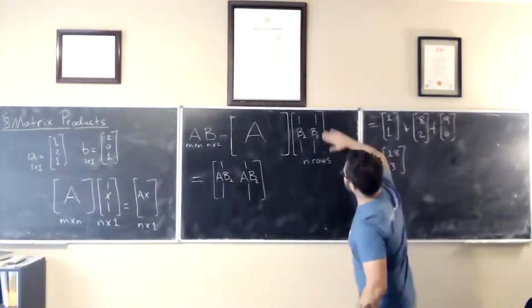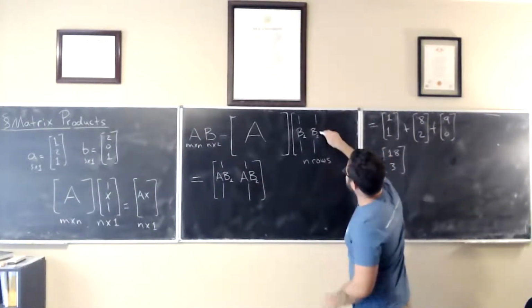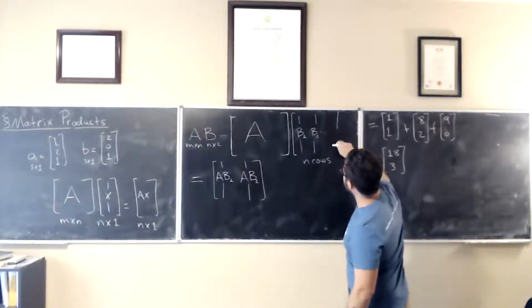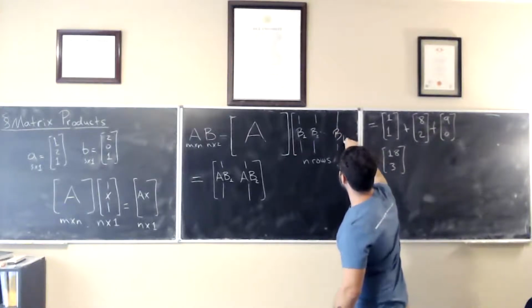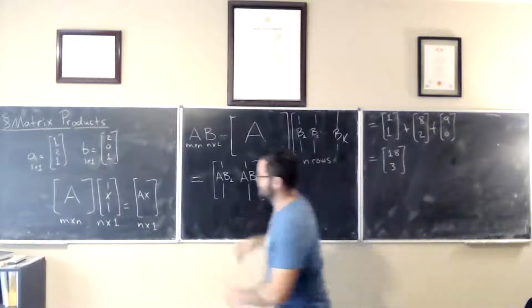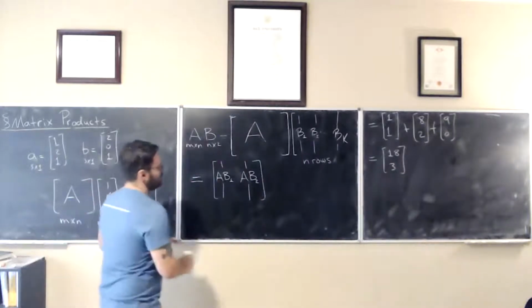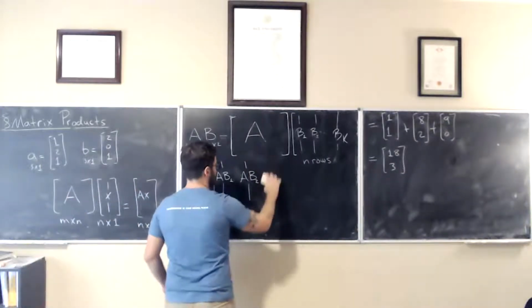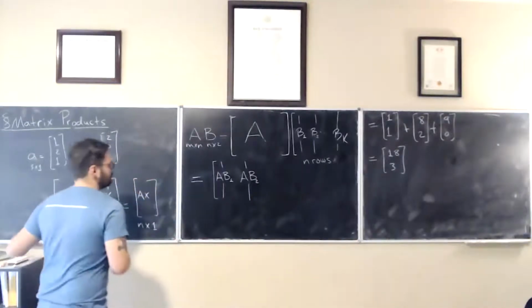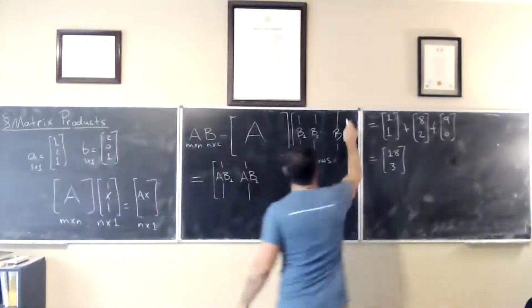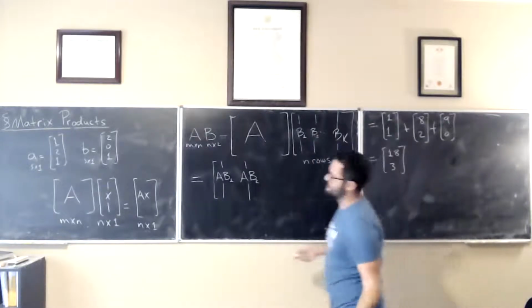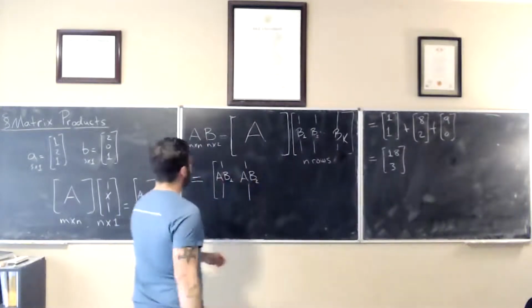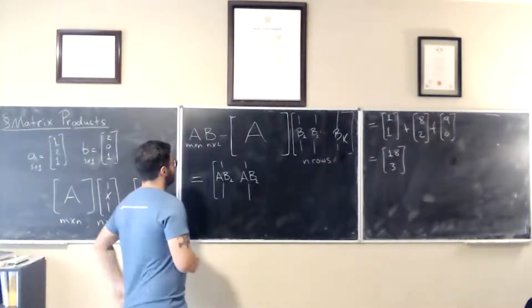What if there were a bunch of columns, like K columns? What would the size of the output be? If B had 2 columns, it was an n by 2, right?